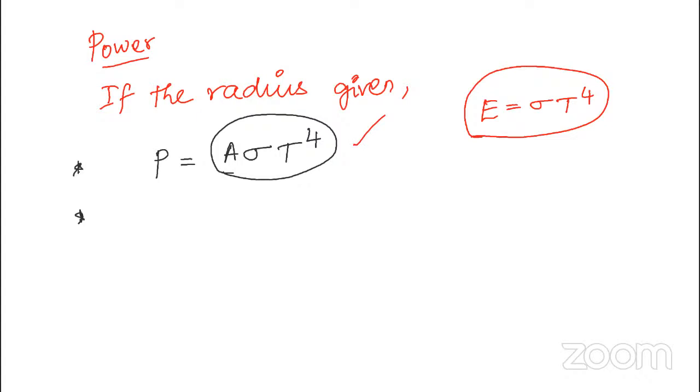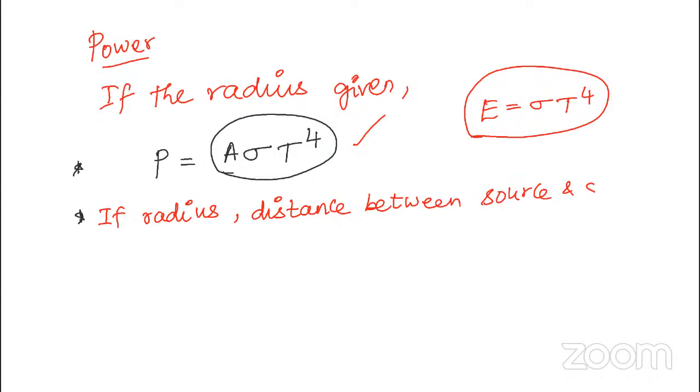Suppose radius and distance between source and sink is given அப்படின்னா, நம்ம எந்த ஃபார்முலா எழுதிக்கலாம் அப்படின்னா, P is equal to A into sigma into T power of 4 divided by D square.